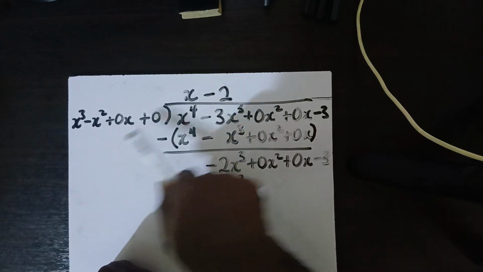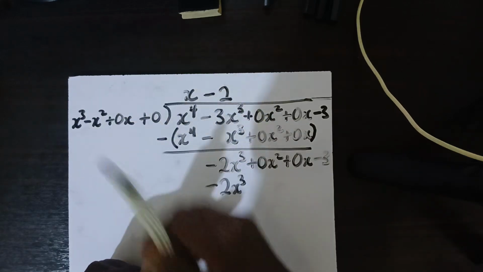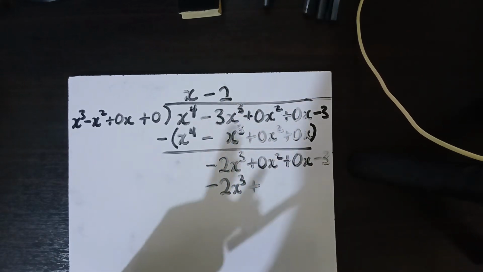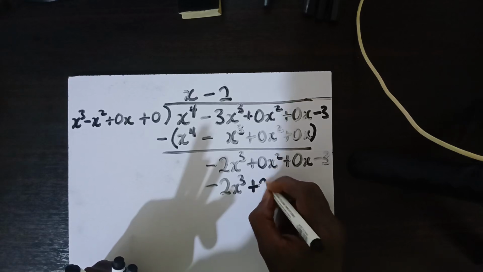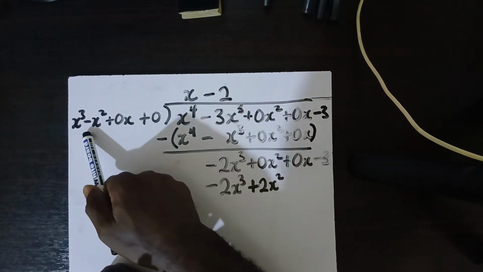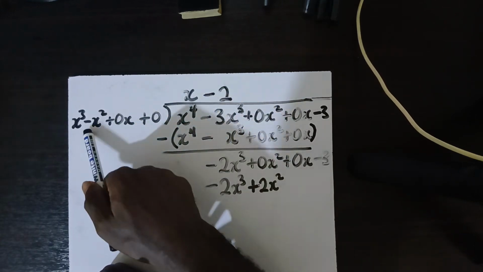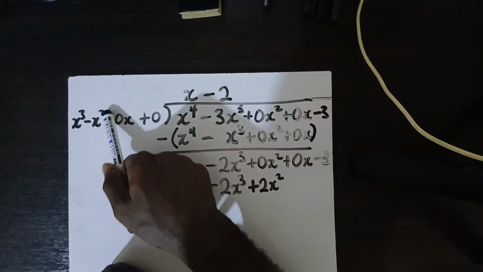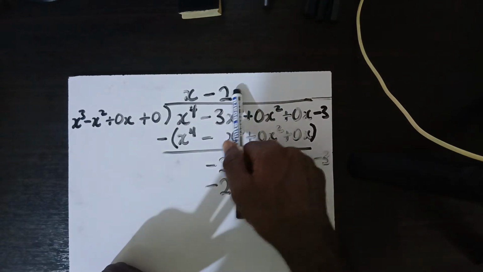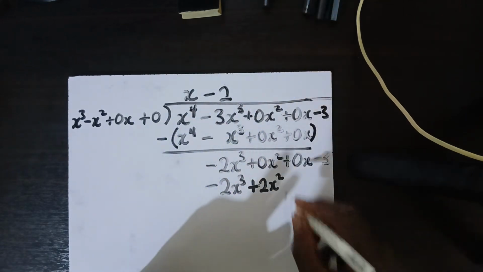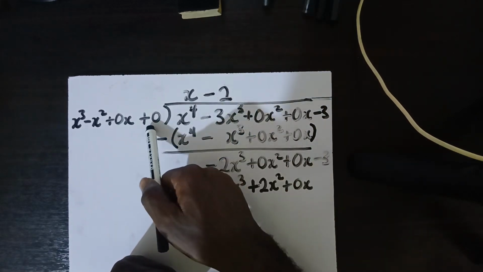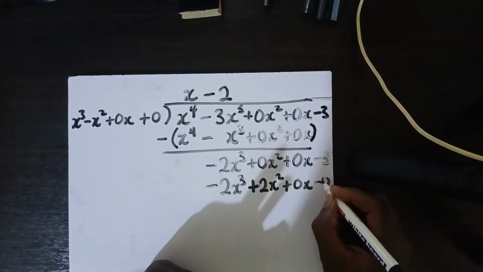Then negative 2 times negative x squared is going to give us positive 2x squared. Negative times negative is positive. Then 2 times x squared is 2x squared. Then negative 2 times 0x is still 0x. Then negative 2 times 0 is 0.